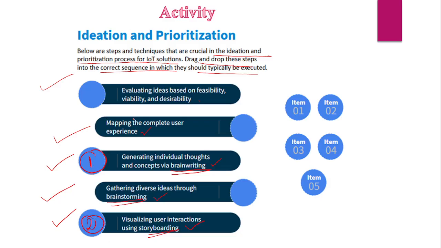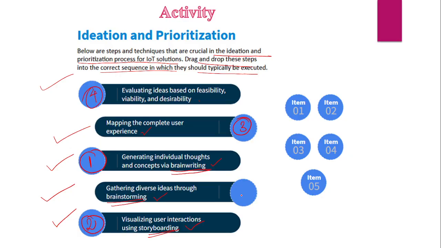And the next one is mapping the complete user experience. This is step number 3. And next, you have to evaluate the ideas based on feasibility, viability and desirability. This is step number 4. And after all the things are done, you have to go with the group discussion.